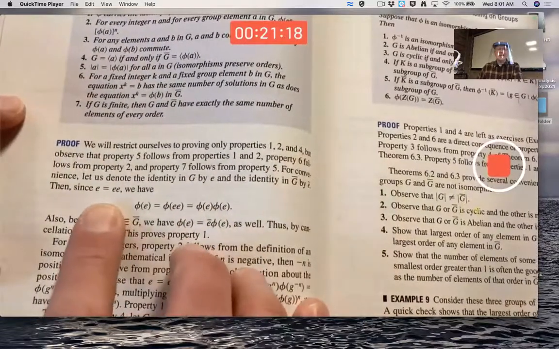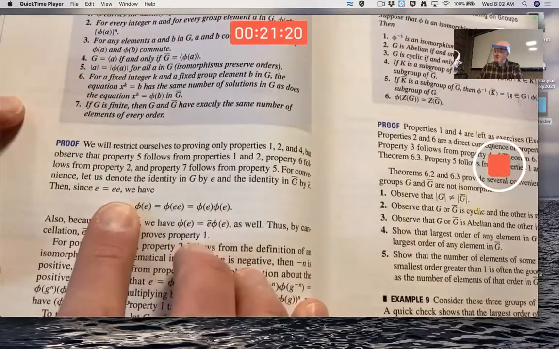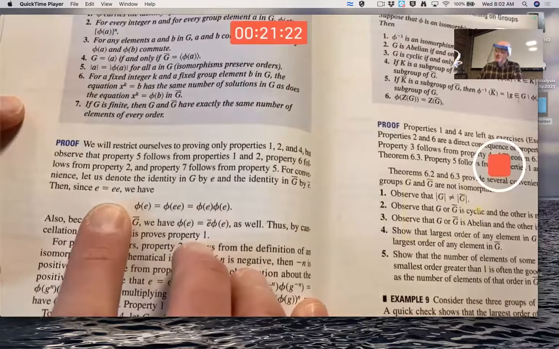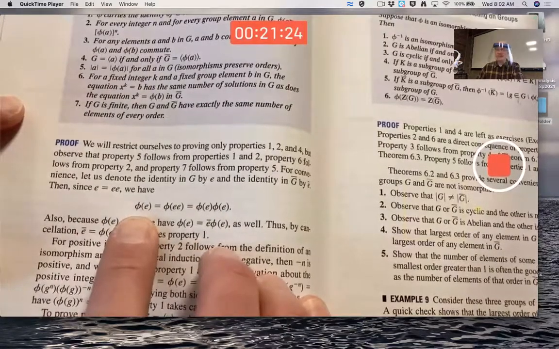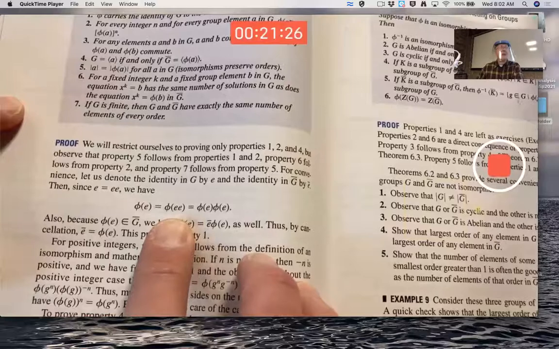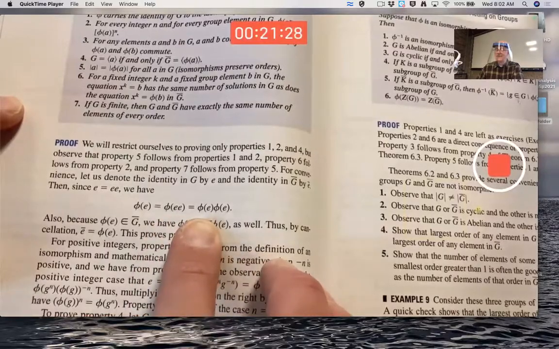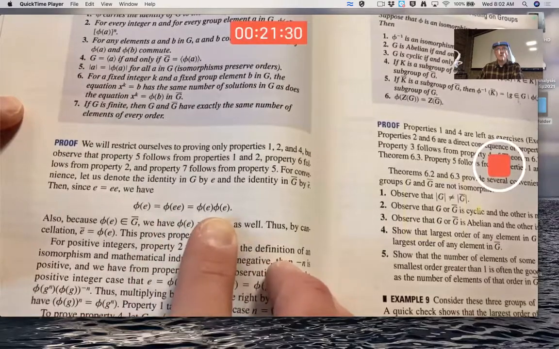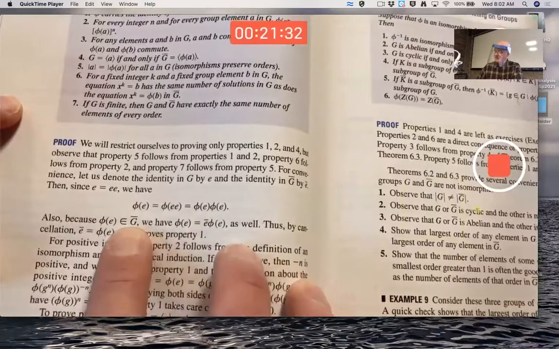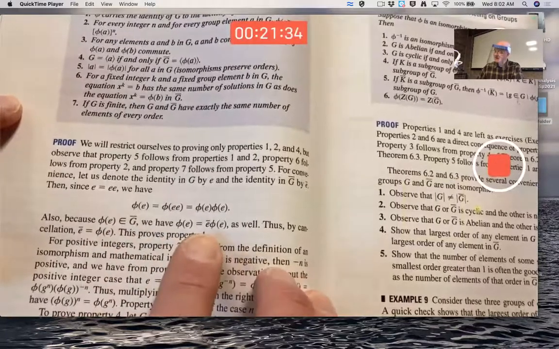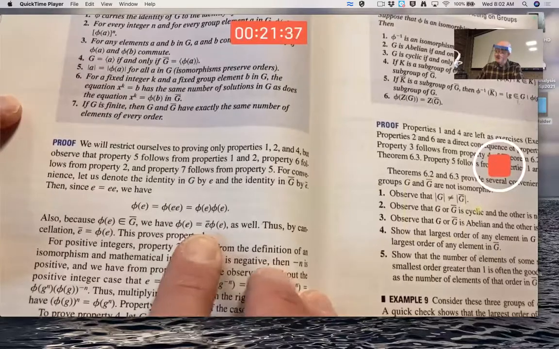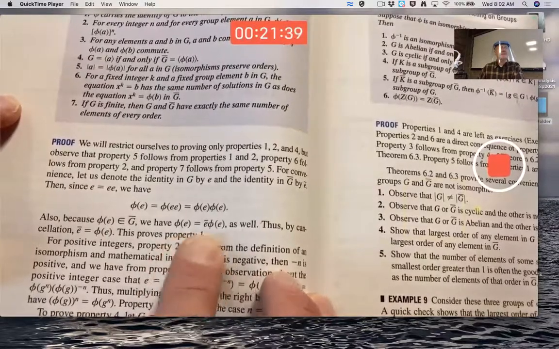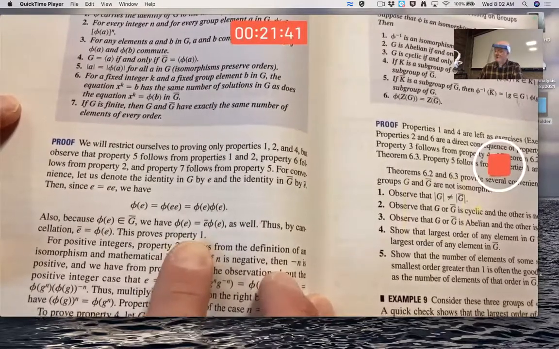Using the fact that E equals E times itself, the identity in G, you can replace phi of E with phi of E times E, and then use the operation preserving property to say that's phi of E times phi of E. But we also know that E bar is the identity in G bar, and therefore this equation is definitely true because E bar is the identity in G bar.